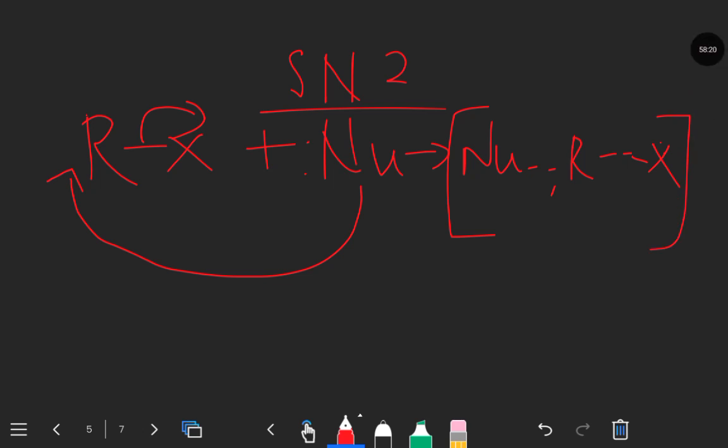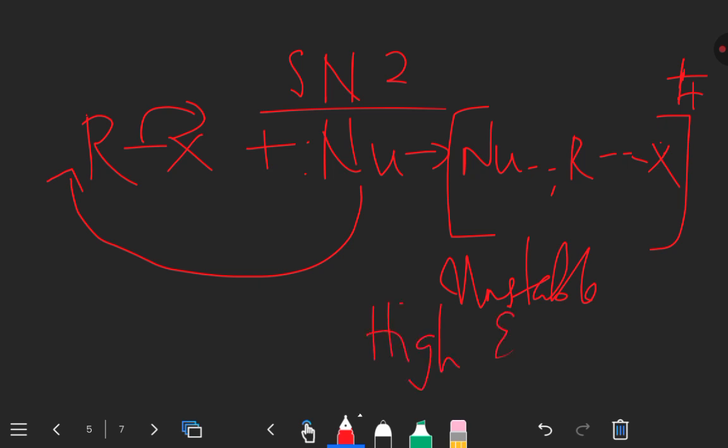Then you can put the plus like that to show that it is actually a transition state, and this state has a lot of energy. Yeah, and it is very unstable. This stage is very unstable and it has high energy. Okay, that is what we need to understand.